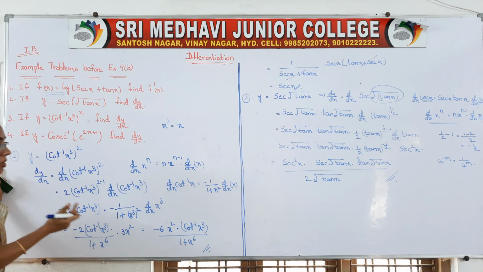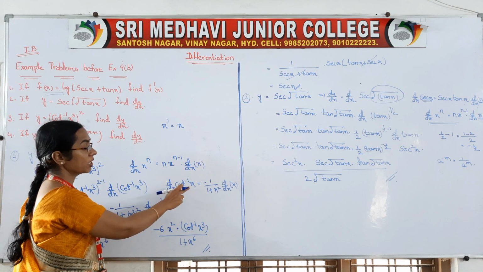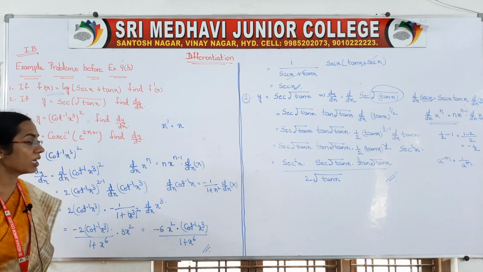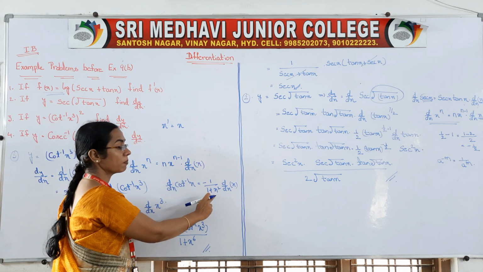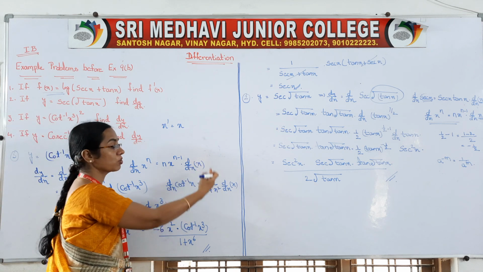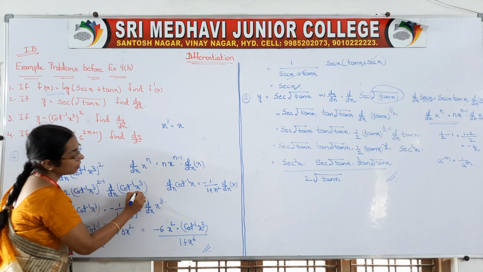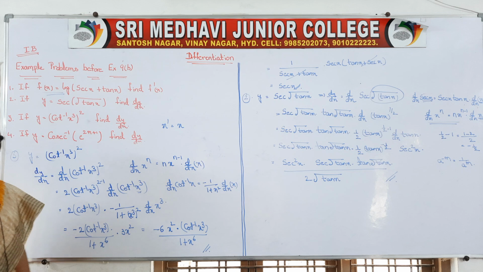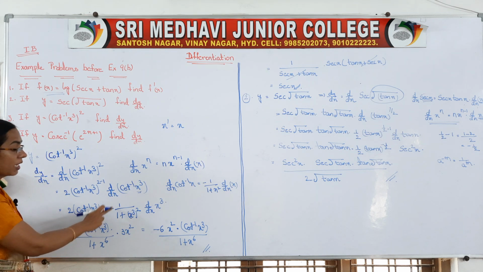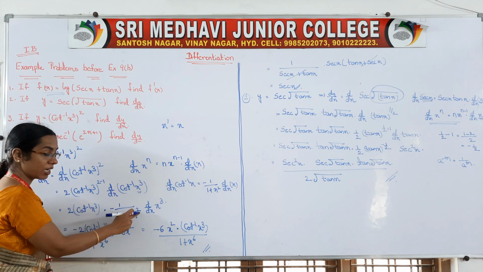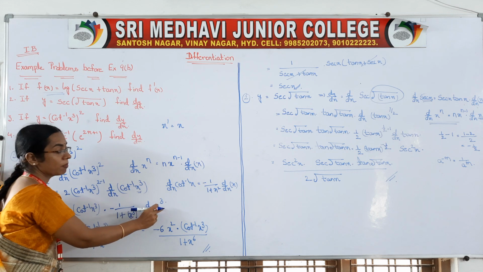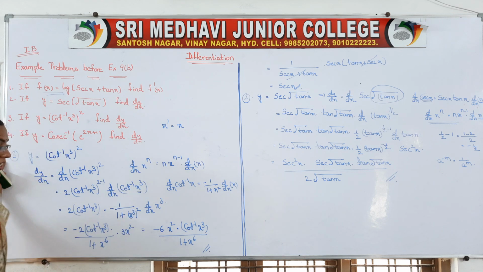Now it is in the form of cot inverse of some variable. So d by dx of cot inverse of some variable formula is minus 1 by 1 plus that variable whole square into d by dx of that variable. In that variable place we are having x cube. That's why minus 1 by 1 plus variable whole square into d by dx of that variable.